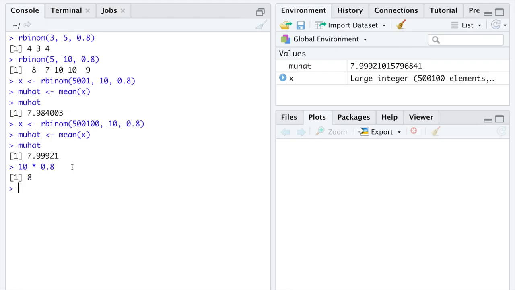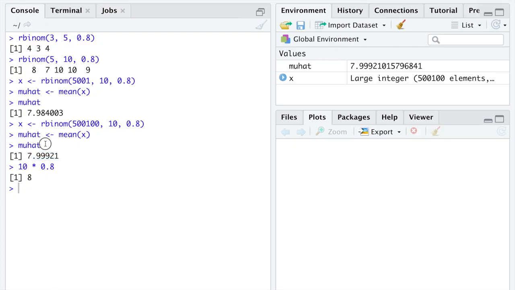And indeed, that's where our population mean for the binomial is coming from. The highlighted value here is the population mean for the binomial. You can see with a ton of observed binomial observations from the appropriate population, we estimate the mean quite well.